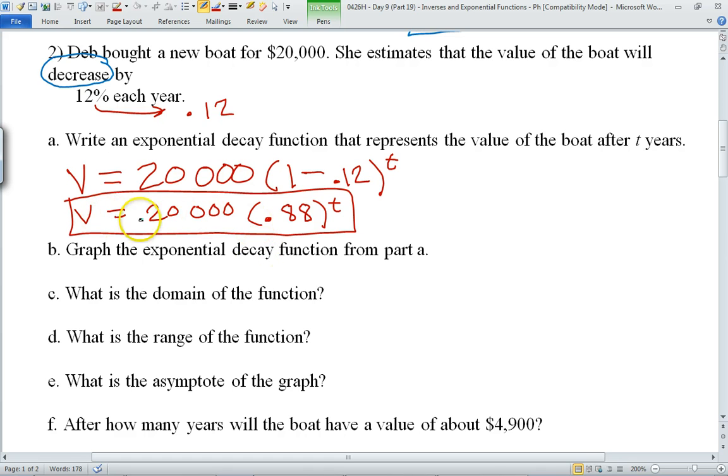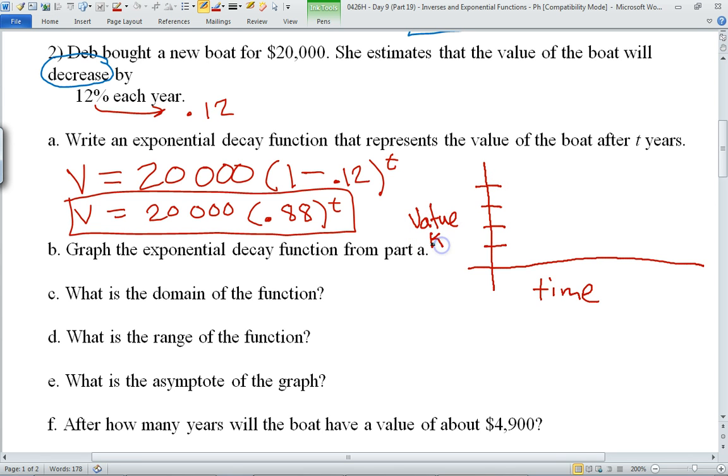Okay, now we're supposed to graph this exponential decay function, and we could just do it something like this. This is going to be time along this axis. This is going to be value. Look, the y-intercept of this function is the 20,000. So let's call this 5, 10, 15, 20,000.